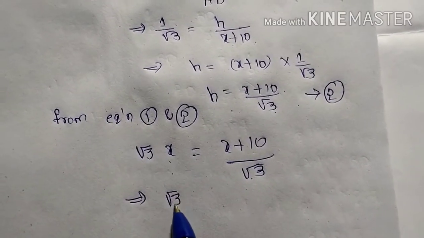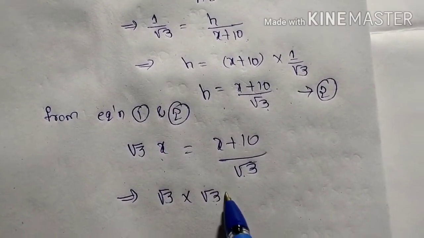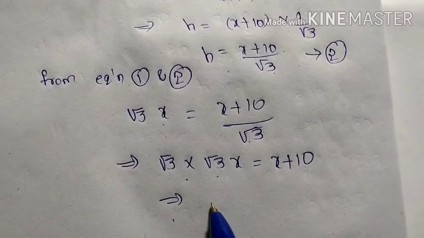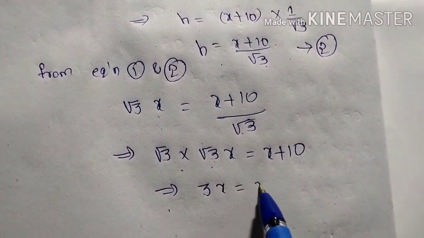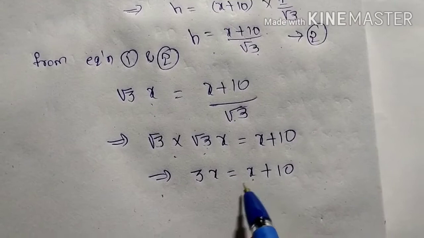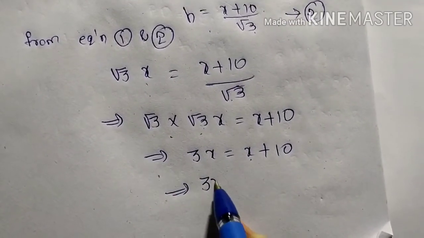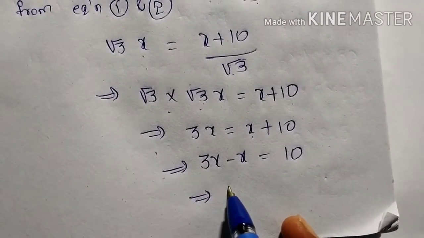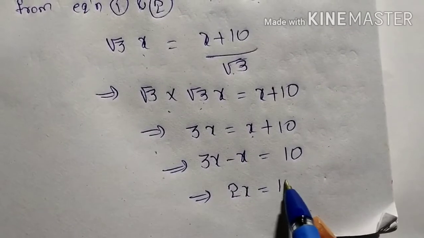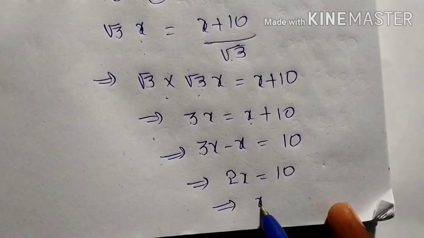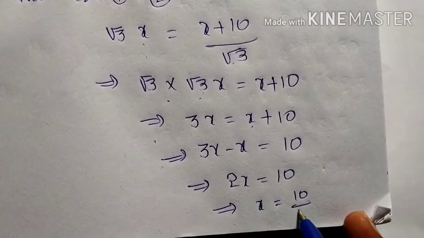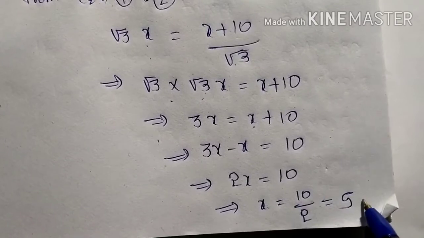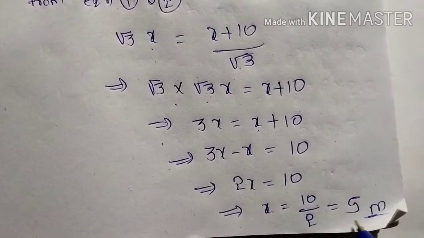Root 3 into root 3x is equal to x plus 10, and root 3 into root 3 is 3 only. 3x is equal to x plus 10. You can transpose x to LHS. 3x minus x is equal to 10, so 2x is equal to 10. Therefore x is equal to 10 by 2, which is 5 meters.